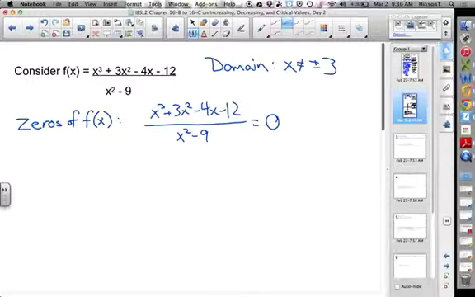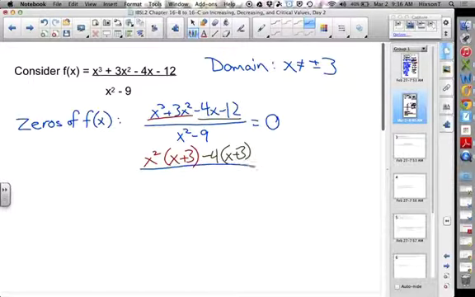Okay? So my numerator, I'm going to group these first two terms and factor out an x squared times x plus 3. I'm going to group my second two terms, and I'm going to factor out a negative 4 times x plus 3. That whole thing is over x squared minus 9.